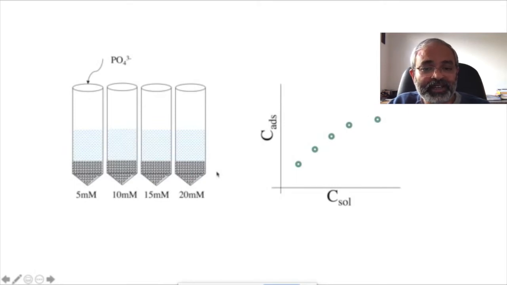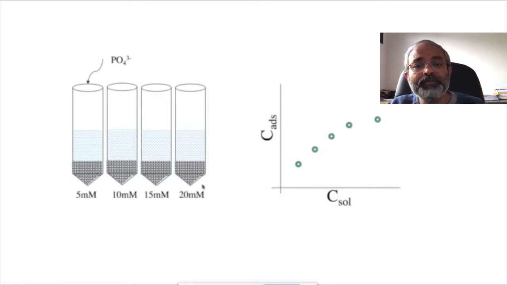So you may not have an adsorption coefficient that is truly reflective of the adsorption. So because of that, there's another method through which you can determine your KD values, and that is through flow-through experiments.